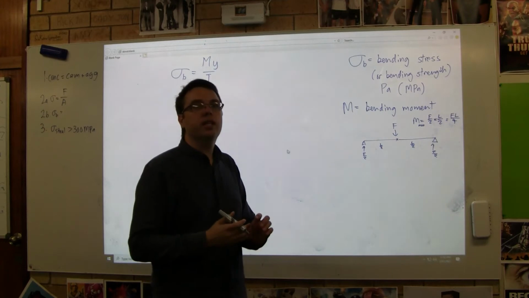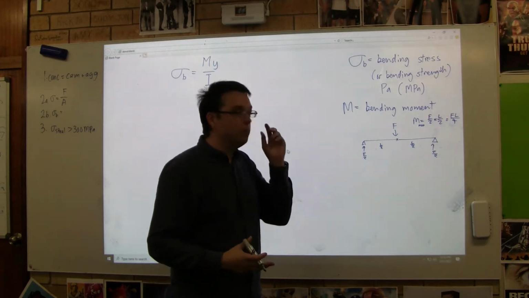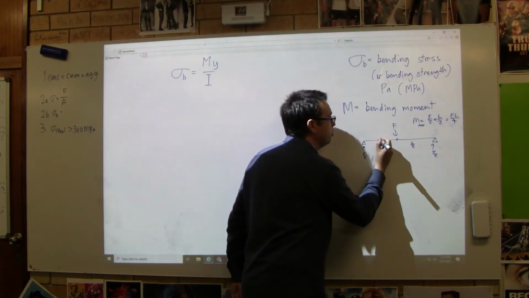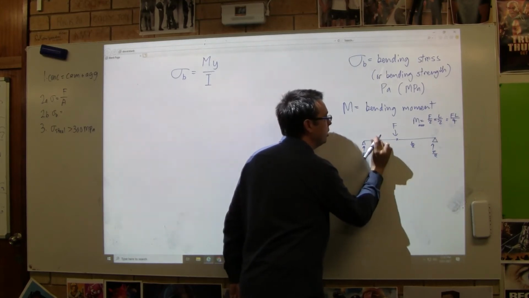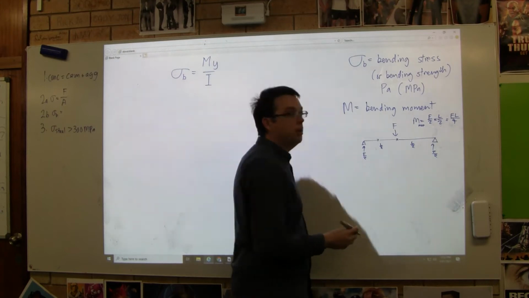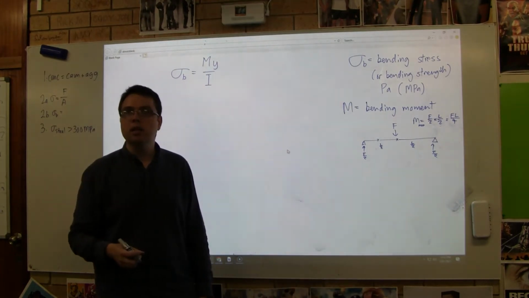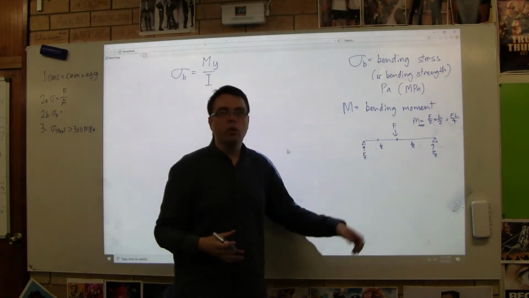Now, I want to point out that the internal bending moment is going to be lower at Y. This point here, the internal bending moment is going to be lower than the bending moment at X. Does that make sense? Because it's closer to the edge, right?